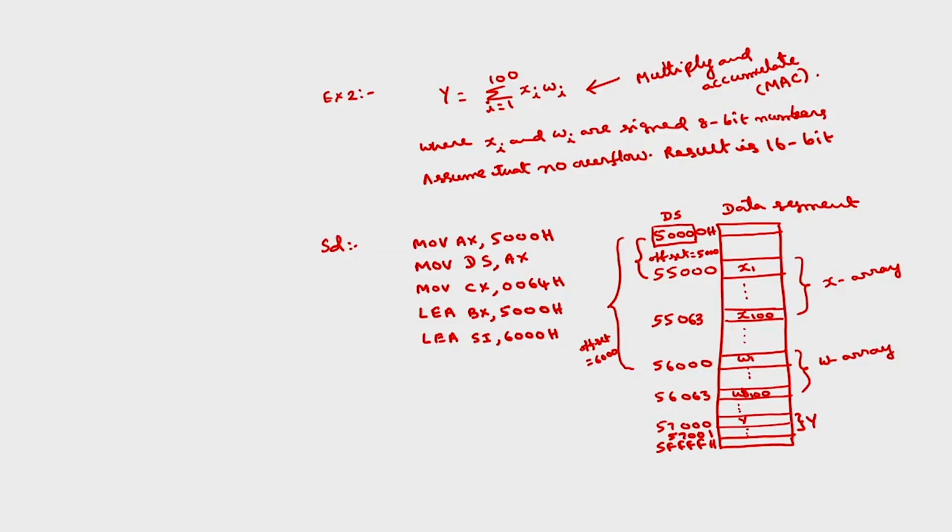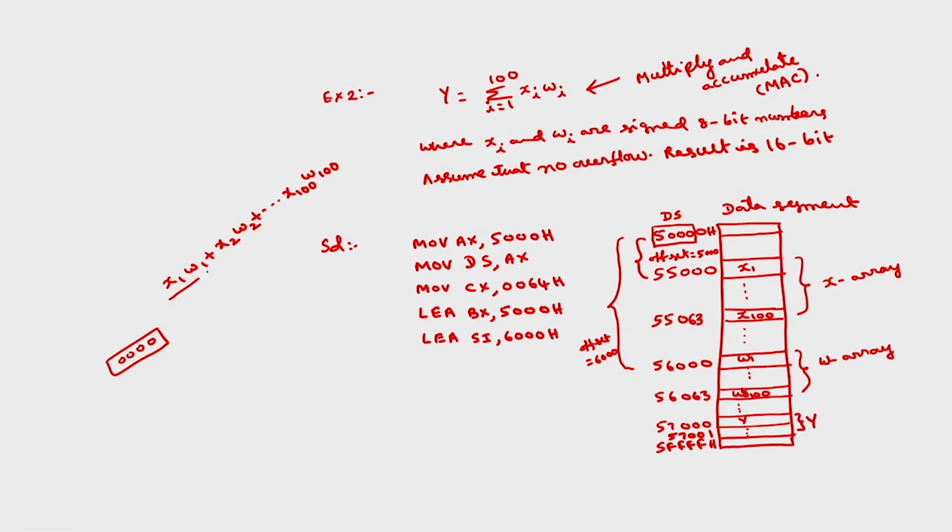This is something like, if I want to multiply 5 onto 6, and add, for example, x1 w1 plus x2 w2 plus so on up to x100 w100. So, I am taking one register with 0000 initially.